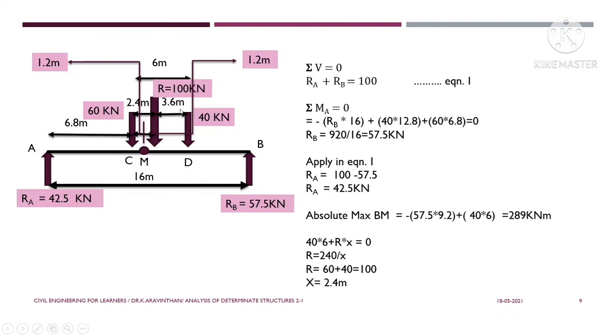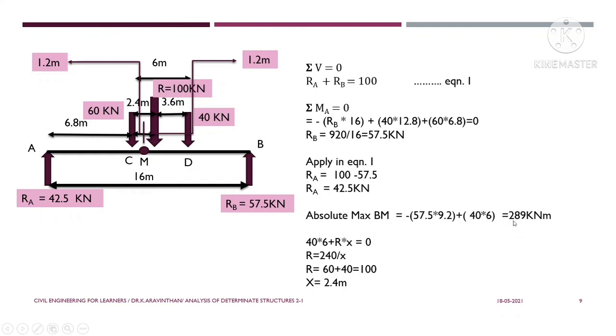You can try and check if it is placed at the portion B. Two loads can be placed at the point A. Wherever it might be, you can try and locate it to find the absolute maximum bending moment. You will find a lesser value than this.